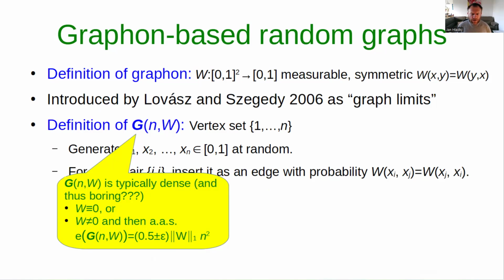In analogy with the homogeneous case, you might think that this makes properties of G(n, W) trivial or boring, but this is not the case. And I will try to convince you about this in this talk. That is, even though the graph is dense on average, the graphon may harbor sparse localized regions, so regions where the values of the graphon get close to 0, that fundamentally impact the global structure.